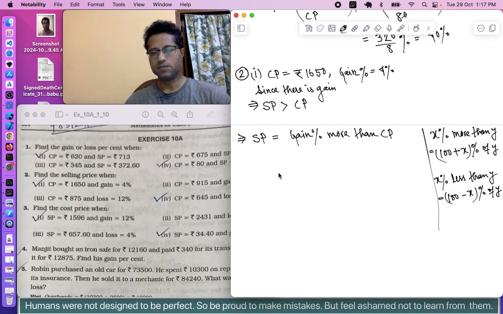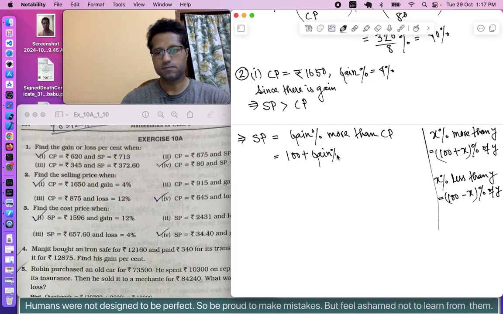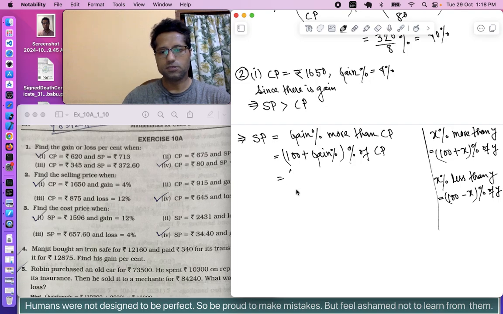So then selling price will be gain percent more than CP, which is equal to 100 plus gain percent of CP. Now gain percent is given to be 4, so 100 plus 4% of CP.